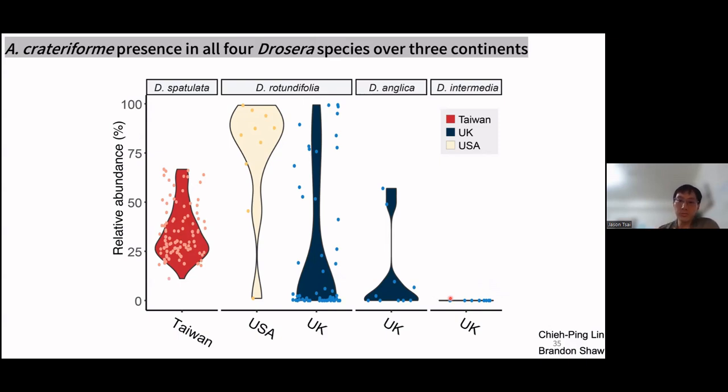So the variability highlights the influence of possibly local environmental conditions on fungus prevalence. Yet the widespread presence across continents reinforces that this plant-fungus symbiotic relationship is ancient and possibly co-evolved.